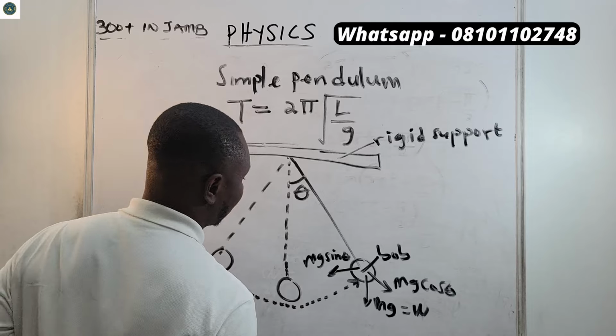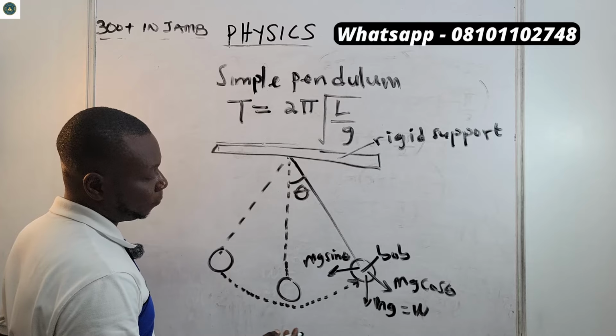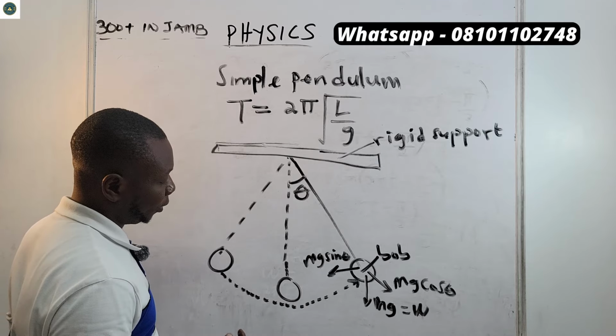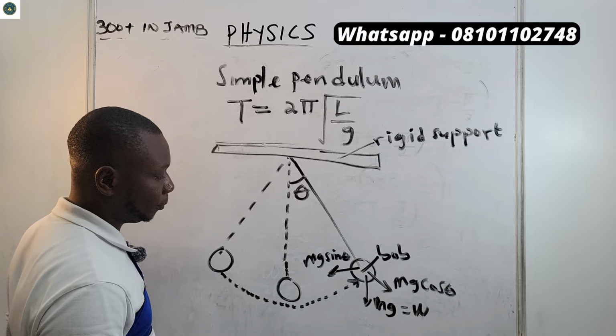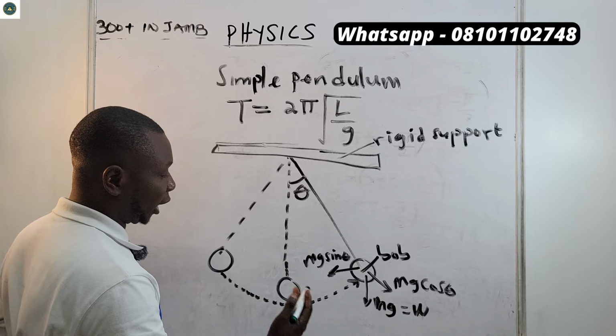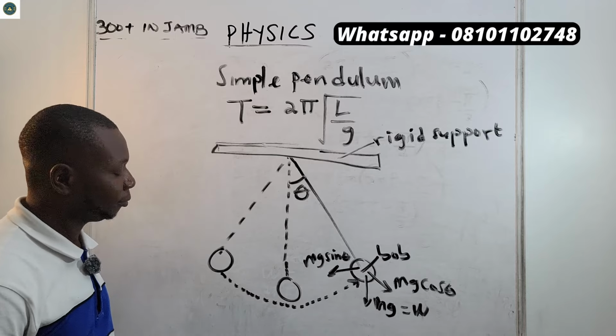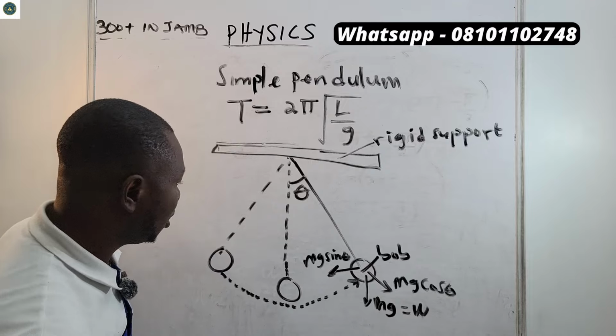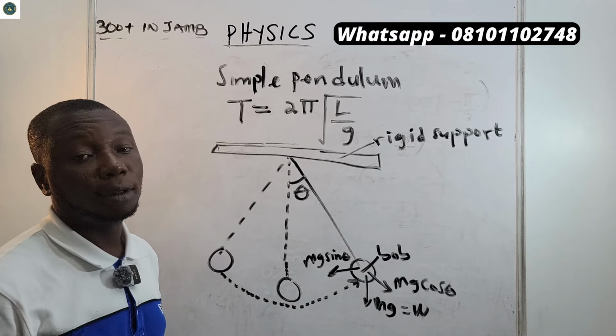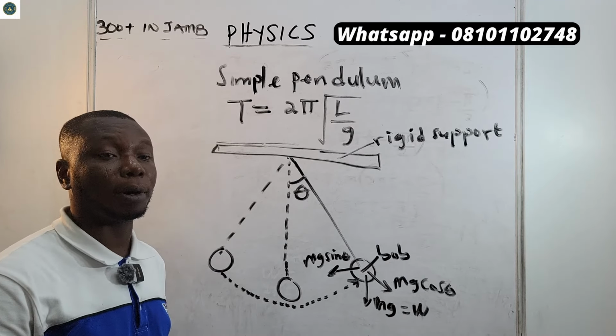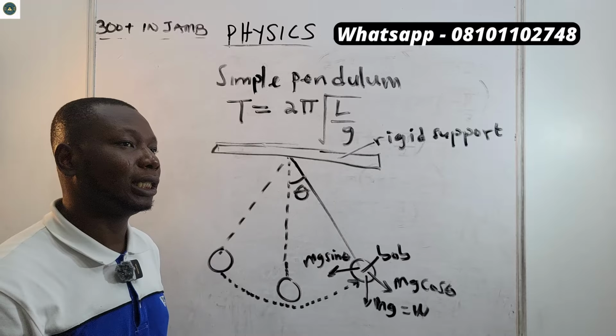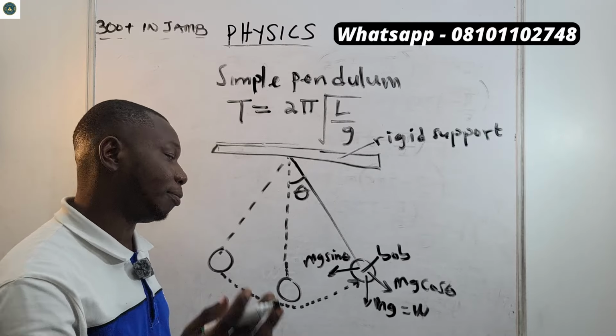As I've earlier said, there is energy transformation in this form, from potential energy to kinetic energy, because this is a mechanical system. For a mechanical system, you talk about mechanical energy in the form of kinetic and potential.